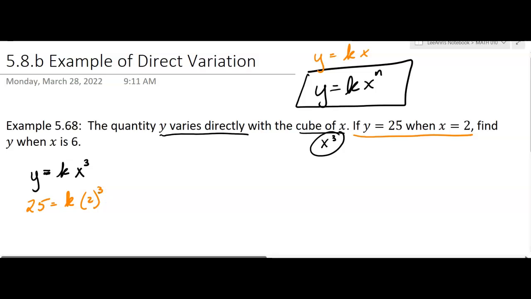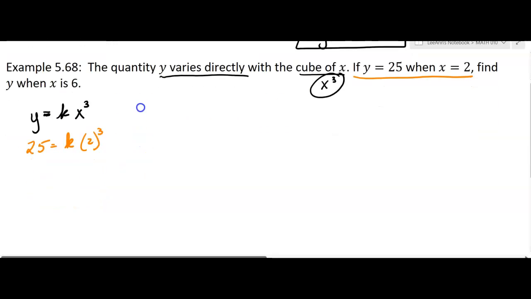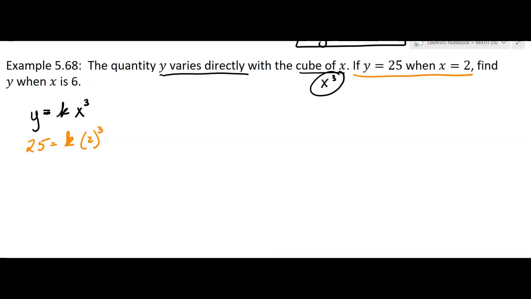And so then that becomes an equation that we can solve. So we're going to solve that. 25 equals, it's going to be 8k. 2 cubed is 8. And then we'll just divide by 8. And I'll get k equals 25 over 8.